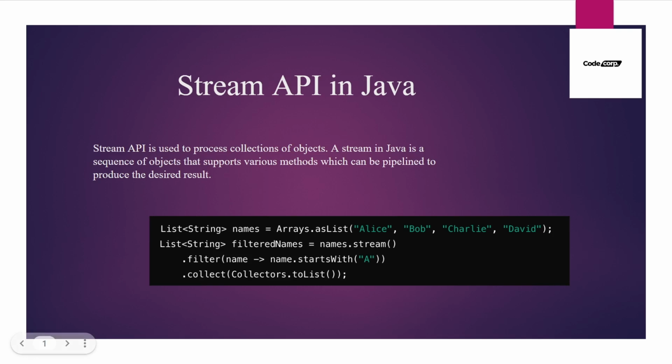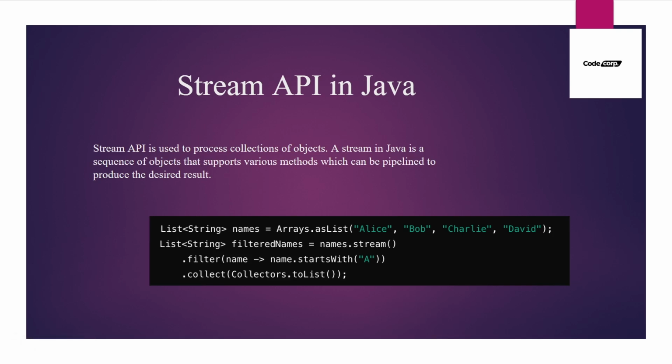I will tell you later what intermediate operations, the source, and terminal operations are. What does filter do? Filter takes a predicate as an input, and based on the value of that predicate, it filters the data. So what is happening here is a lambda expression, name dot startsWith A, so it filters this data and stores the names which start with A into this collection, the list.